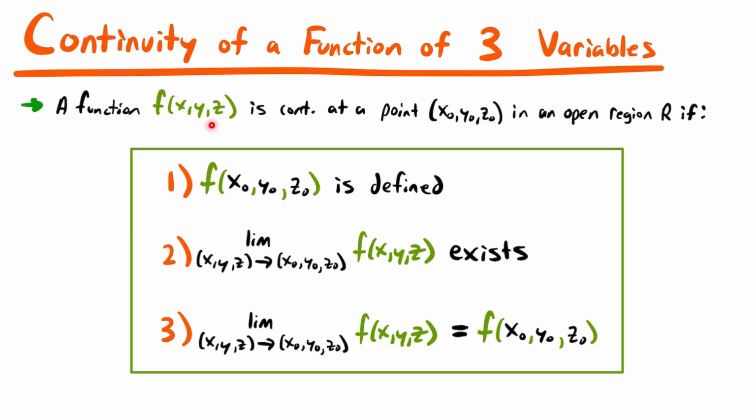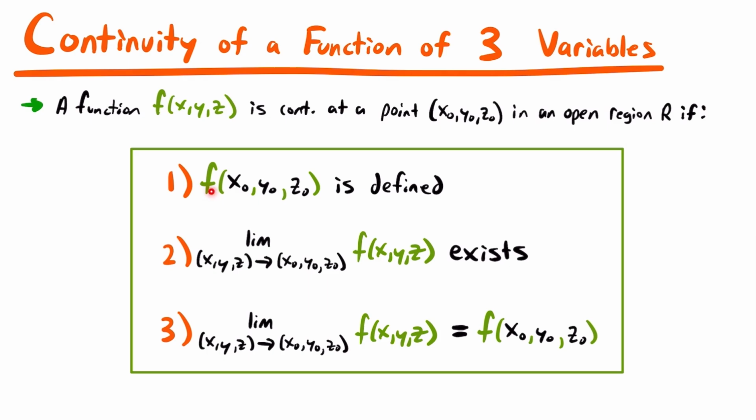A function f of xyz is continuous at a point x sub 0, y sub 0, z sub 0 in an open region R if the following three conditions are met. And by the way, this region would now be a three-dimensional region because the function itself would represent a four-dimensional shape. So just like how its domain would be in 3 dimensions, so would the open region R that we're considering here. All right, but anyway, the three conditions should look pretty familiar.